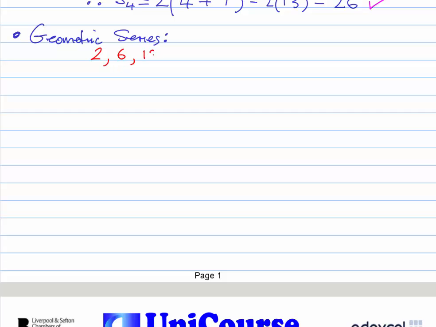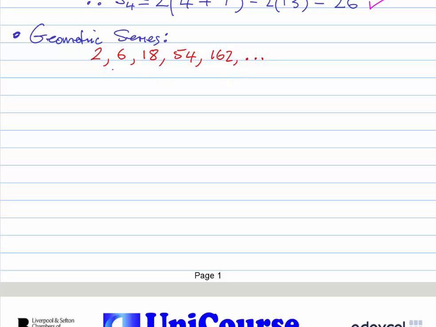So we're going to multiply everything by 3. So 2 by 3 gives the 6, 6 by 3 gives 18, by 3 gives 54, by 3 gives 162, etc, etc, etc. You could carry on after 162, and of course you would get, you guessed right, 486.